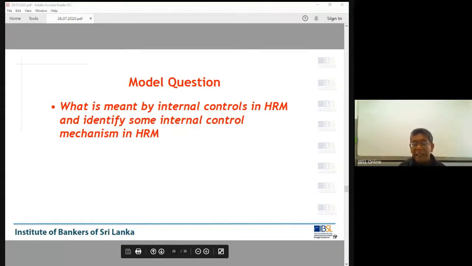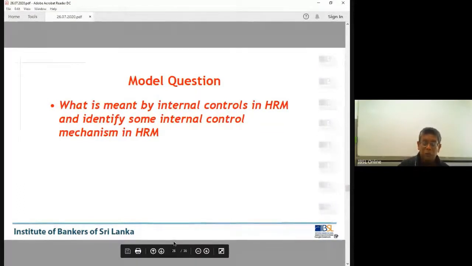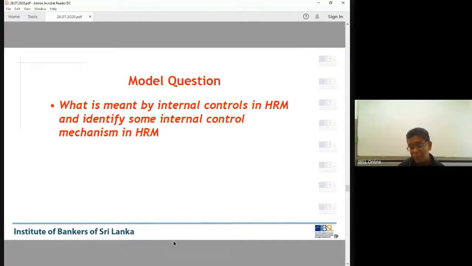So these are internal controls. If you do something wrong, actions can be taken against you under the disciplinary code. So there are so many things available for you to use as internal controls in HR.